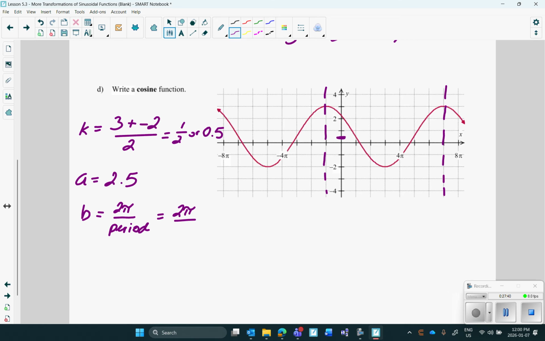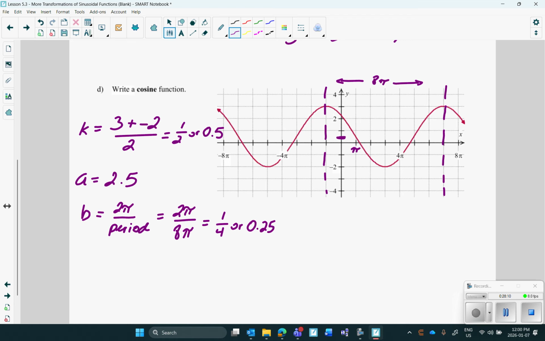Well, if 4 pi divided by 4, that means 1 notch is pi. So that means 1 cycle is 8 pi's. So the period is 8 pi, which means B is 2 pi divided by 8 pi, which simplifies to 1/4. I'll stick with decimal again.